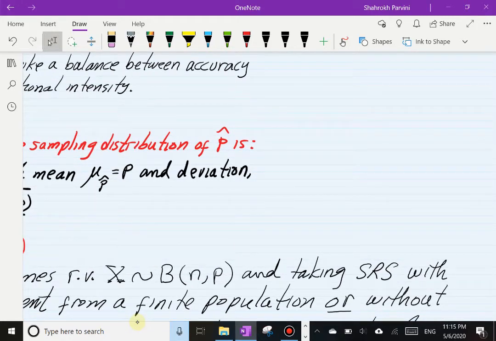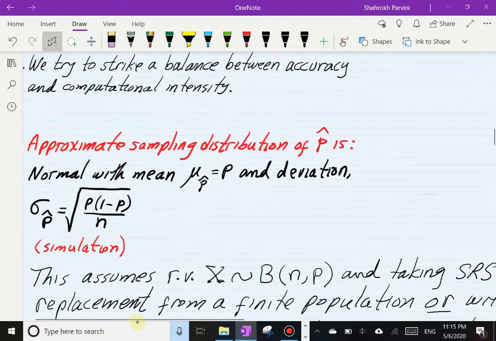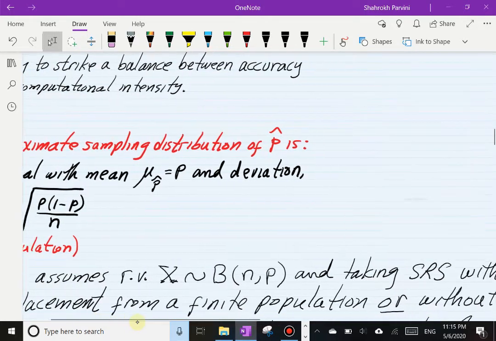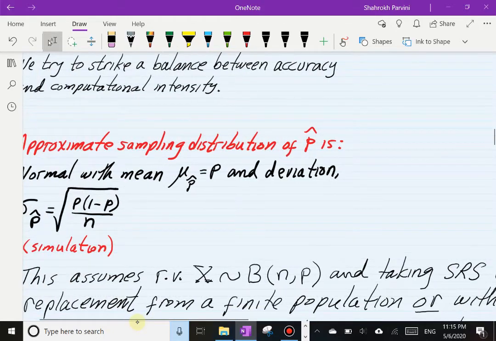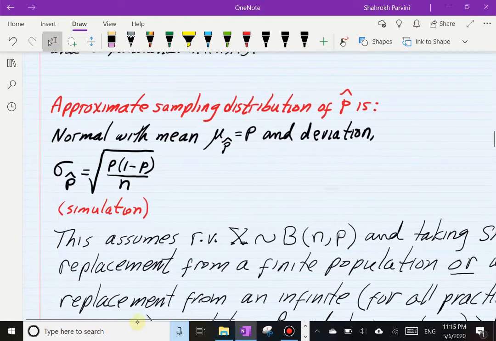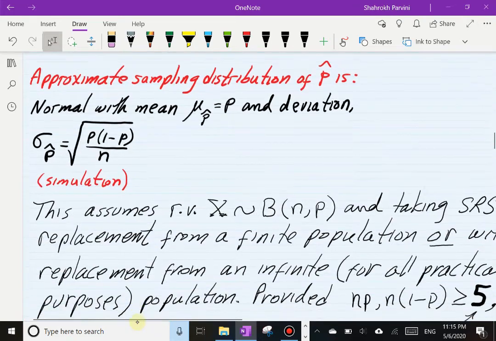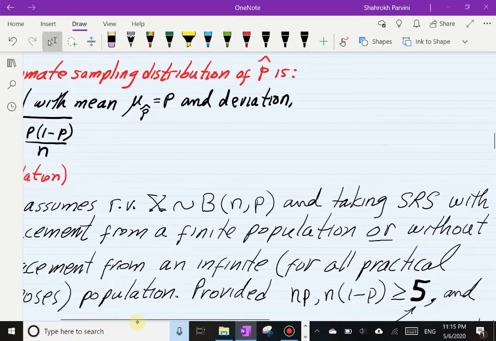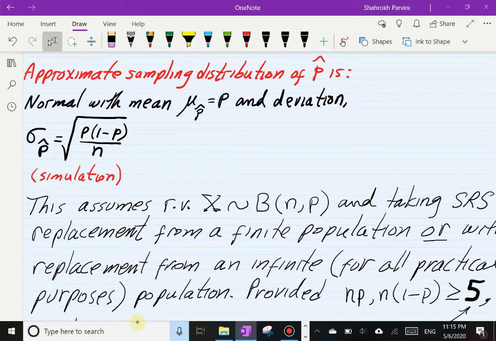That's what SRS is, simple random sample, with replacement from a finite population, or without replacement from a population that is considered for all practical purposes to be infinite. For example, I could have hundreds of millions of participants in the population. For us, that's infinite.